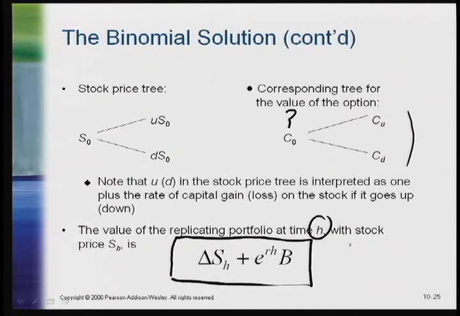So the cost of this portfolio, just to be clear, is delta S0 plus B. That's what we buy, right? Because we're going to buy delta shares of stock at a cost of S0 each, and we're going to buy B dollars of T-bills. At time h, our delta shares change value because the stock will now be worth Sh instead of S0, and of course we earn interest on the T-bill.